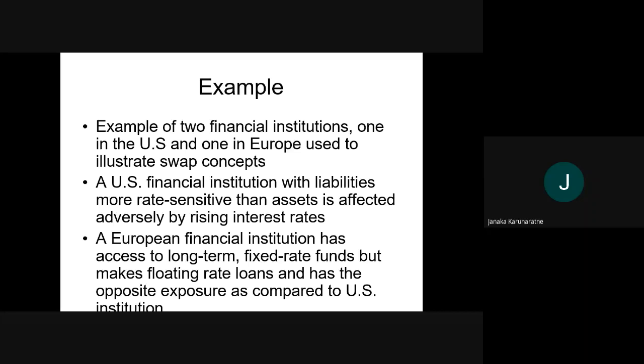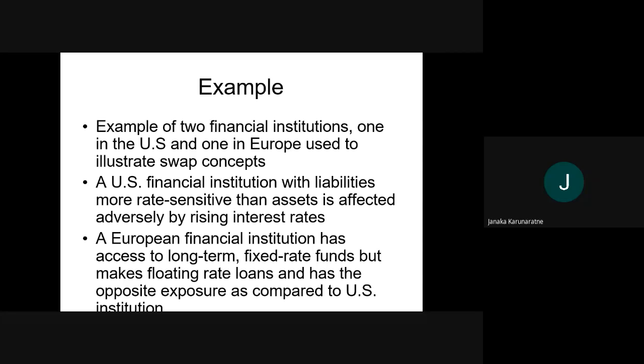A European financial institution has access to long-term fixed rate funds but makes floating rate loans, and has the opposite exposure as compared to the US institution. They have access to fixed rate funds, but they are making floating rate loans. So they have more rate sensitive assets than liabilities, isn't it?